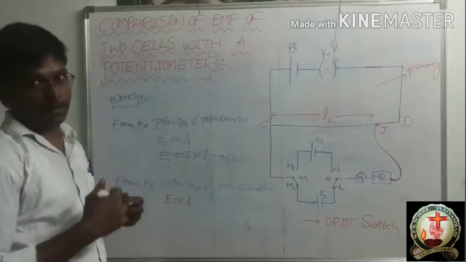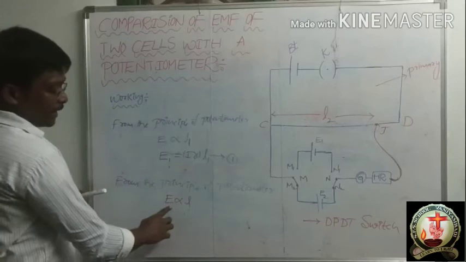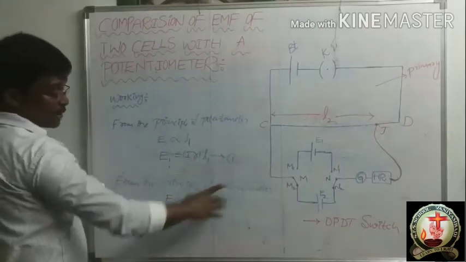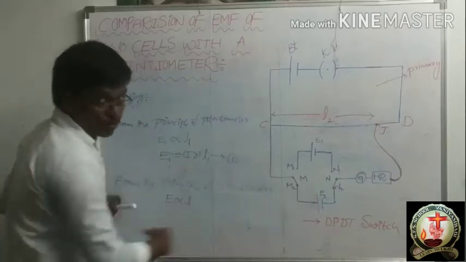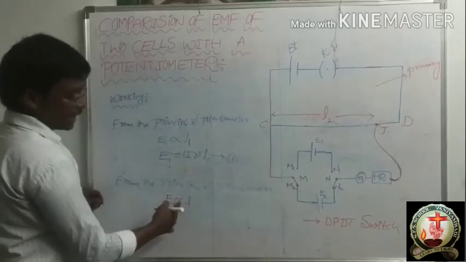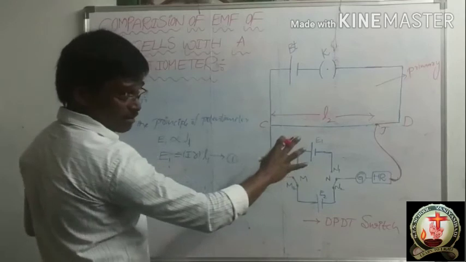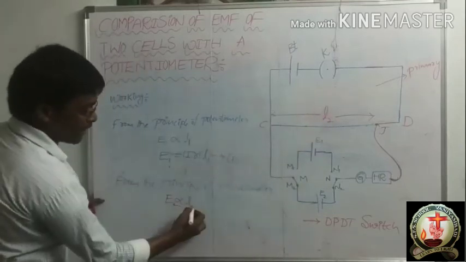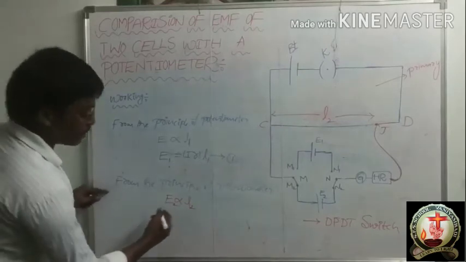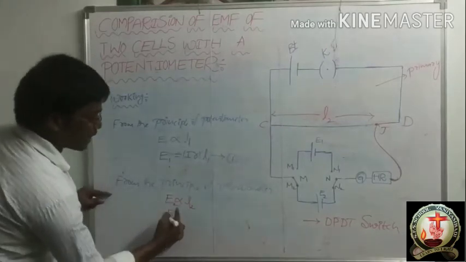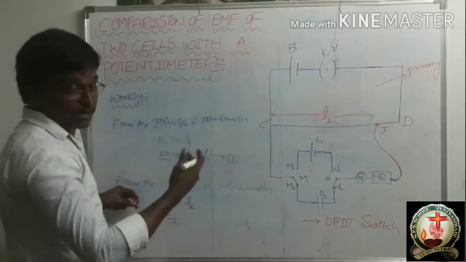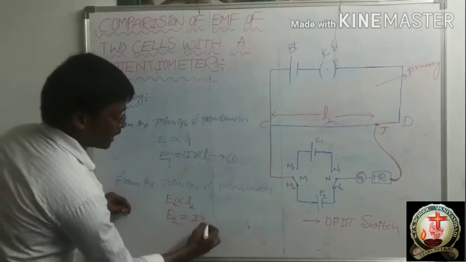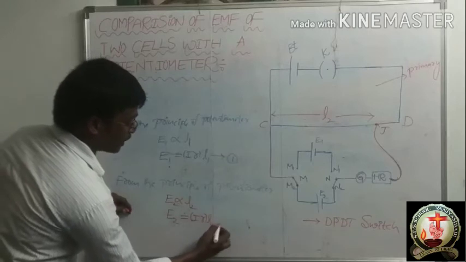In our circuit, E means E2, and the balancing length is L2. So E2 is directly proportional to L2. Again, I am converting to equal format, taking the constant I into R, so E2 equals I R L2. Give equation number 2.